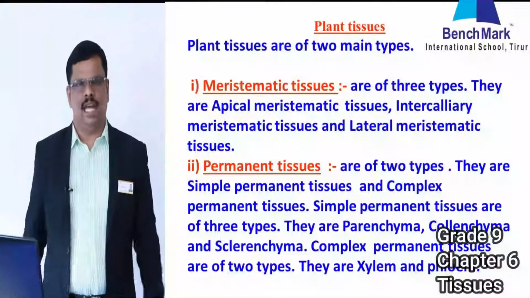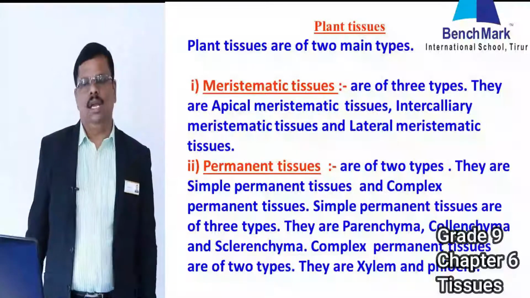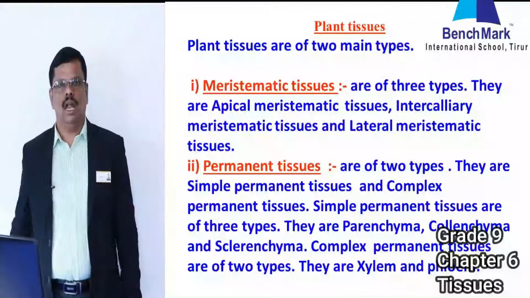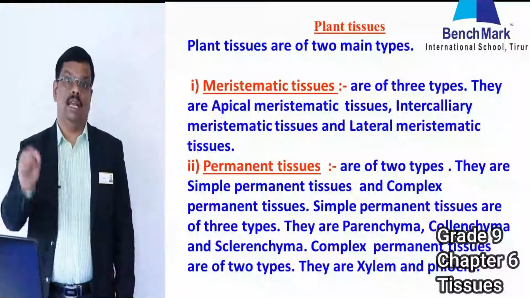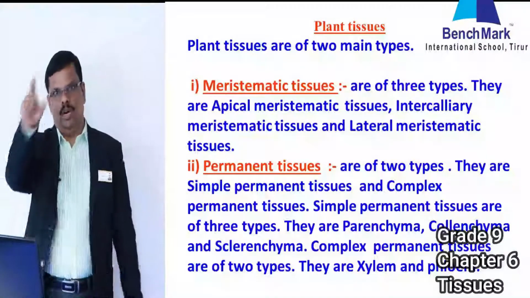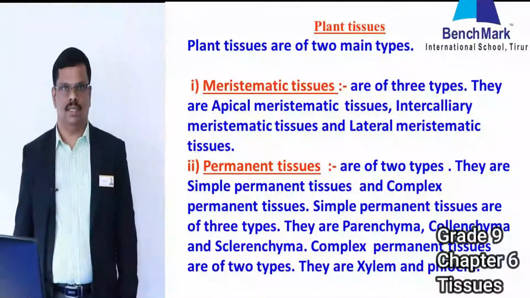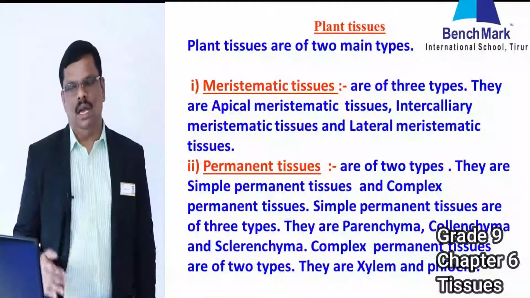From the name itself, apical, apex; intercalary, in between; lateral, on the side. The node area we can call intercalary, nodal regions. Node is a part from where leaf arises.